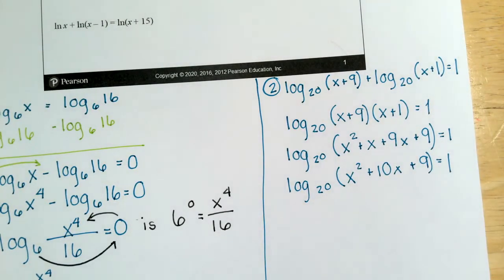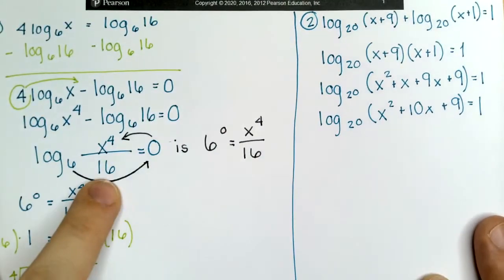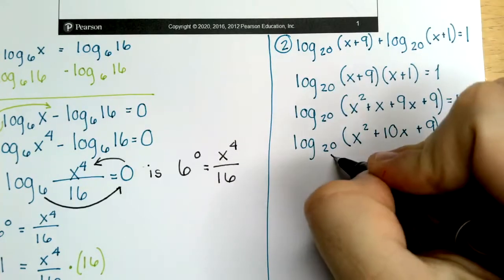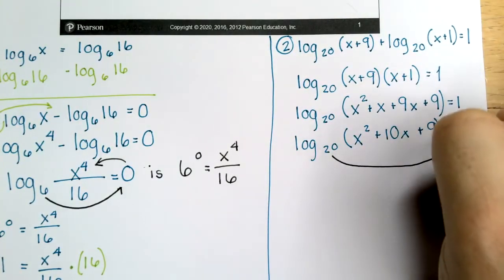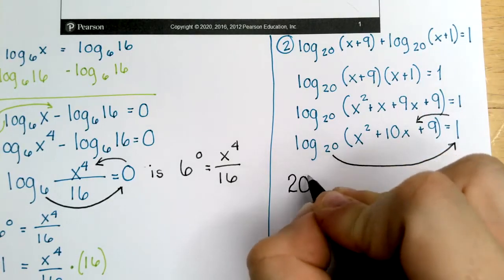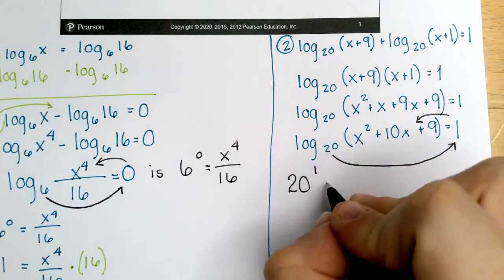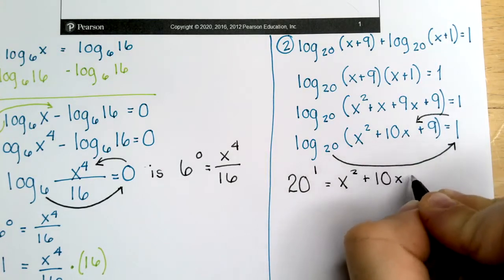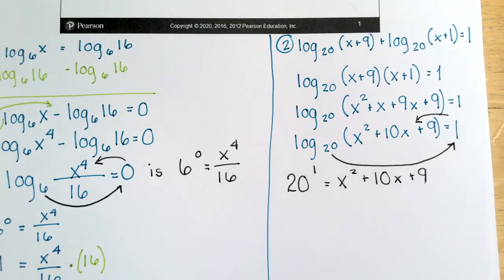Okay. Now that it's a single log, I can convert it to exponential form, right? So just like I did here, we start with the base and go in a circle. So now I have 20 to the power of 1 is x squared plus 10x plus 9, okay?